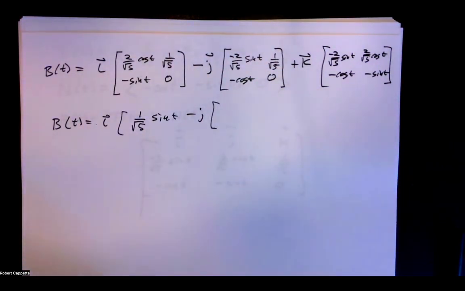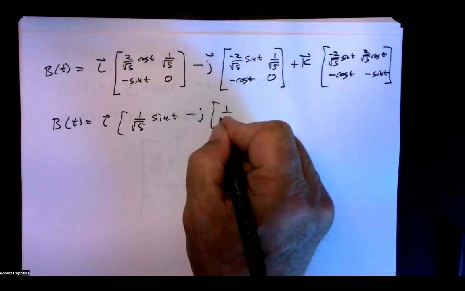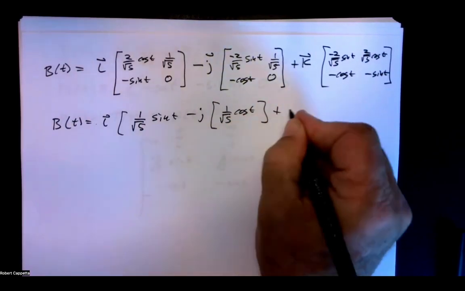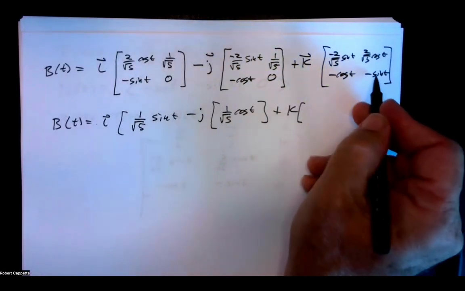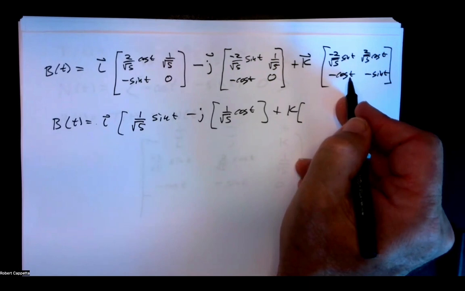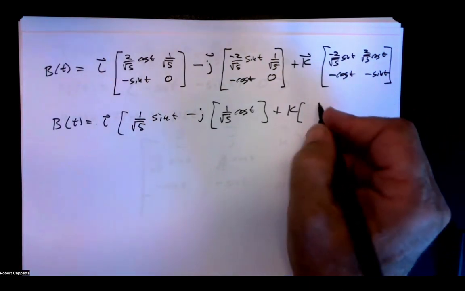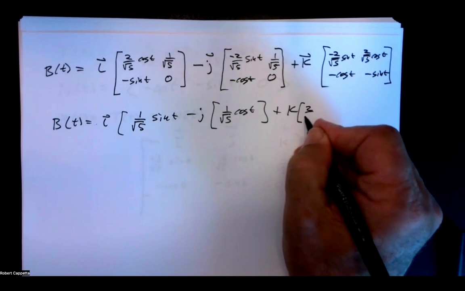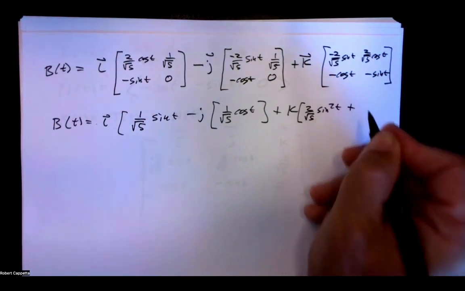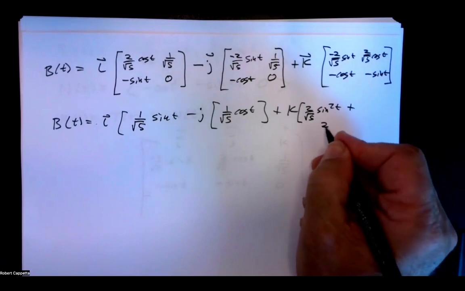Again, it'll be plus 1 over root 5 cos t, plus k times what? 2 over root 5 sine squared t minus negative, so plus 2 over root 5 cos squared t. So 2 over root 5 sine squared t plus 2 over root 5 cos squared t.